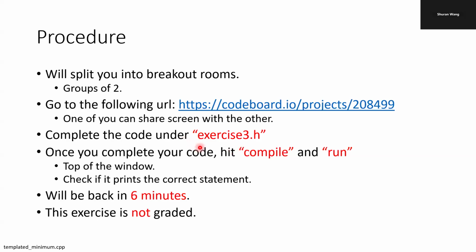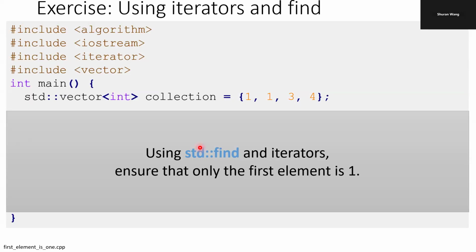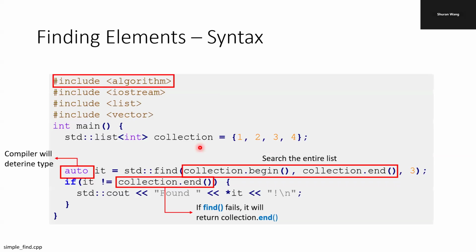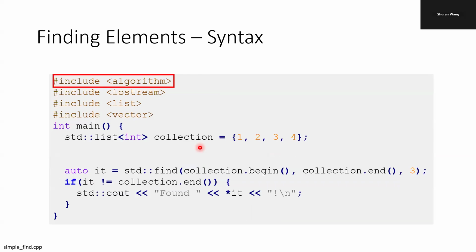This is under exercise 3. I don't think we have 6 minutes to do it, so let's do it quickly. And remember, the find function takes in 2 iterators, and you are free to change them.